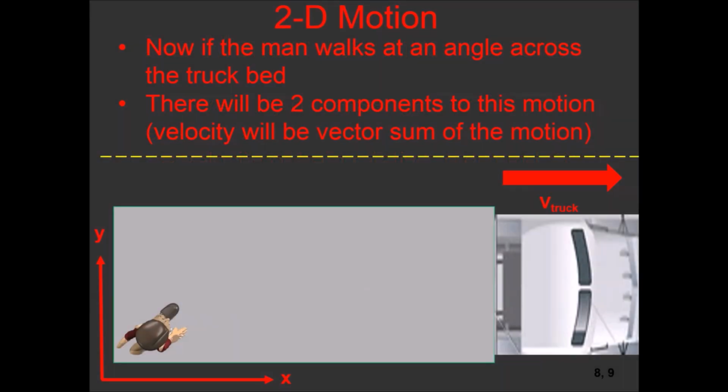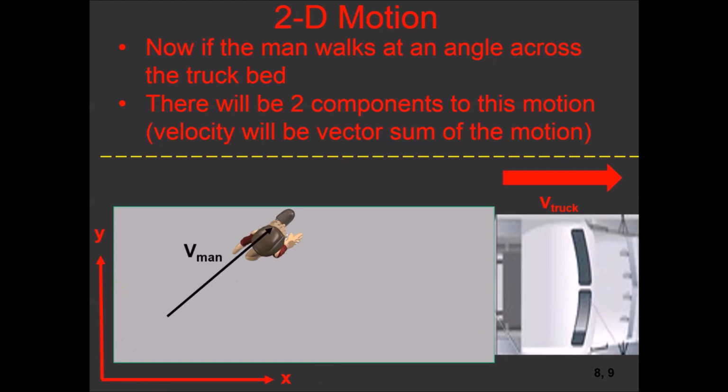Now, as promised at the beginning of this class, we're talking about 2D motion. When we're dealing with 2D motion, it's just a little more complex, but not a lot. In this particular case, this is the same scenario of the man on the truck bed, but now, instead of moving towards the front or rear of the truck, he's moving at an angle across the truck.